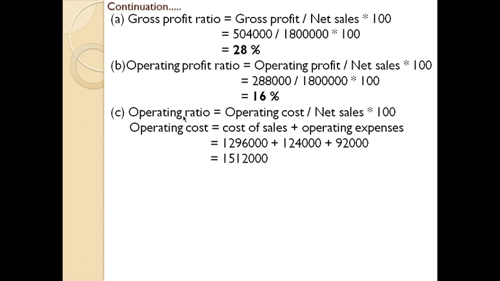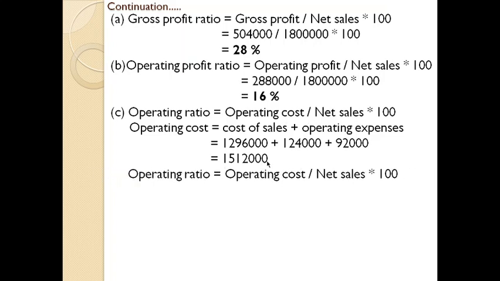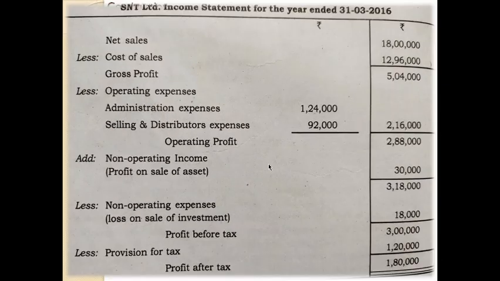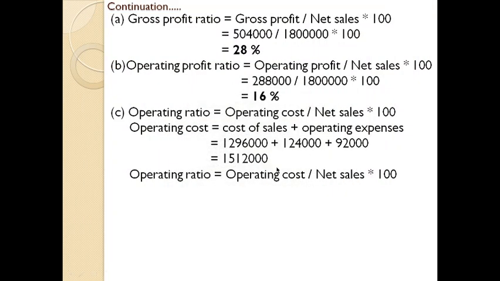And the equation was operating ratio: operating cost divided by net sales into 100. Operating cost is 15,12,000 and net sales is 18 lakhs, which is already given in the question. So operating ratio is 15,12,000 divided by 18 lakhs into 100. You will get 84%.